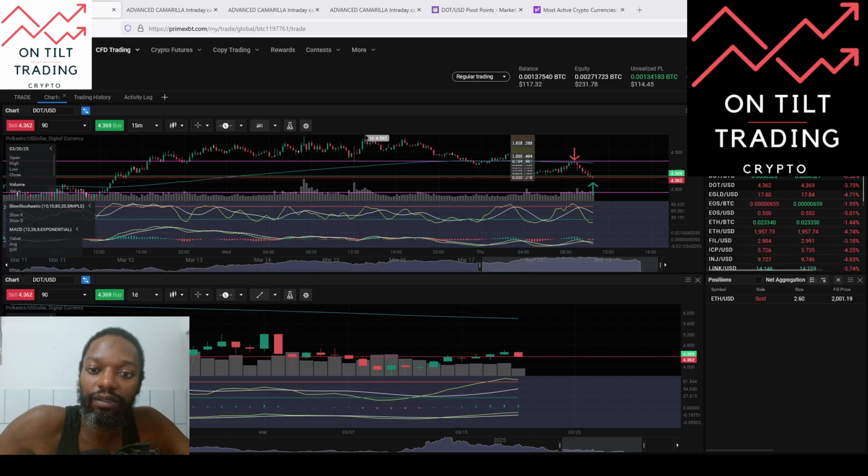Actually, there's an old level here that's not valid, or it could be a level, but it's not a level that I have set for today. So this is the S4 level, and here is the S6 level right here where I took profits.